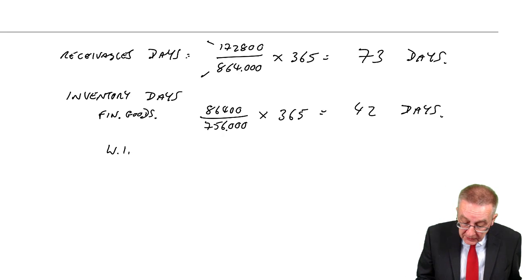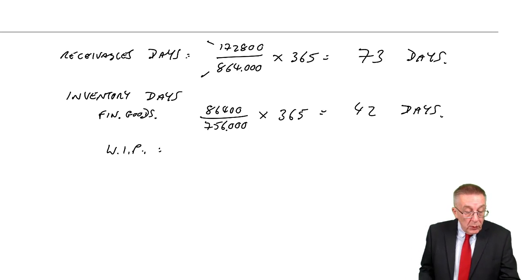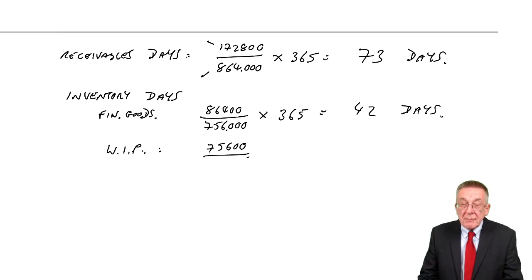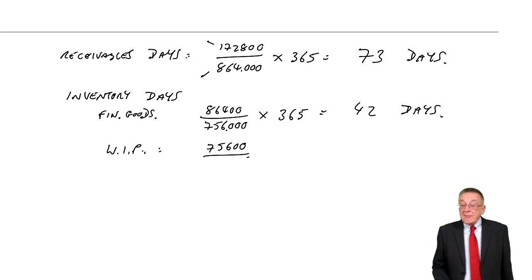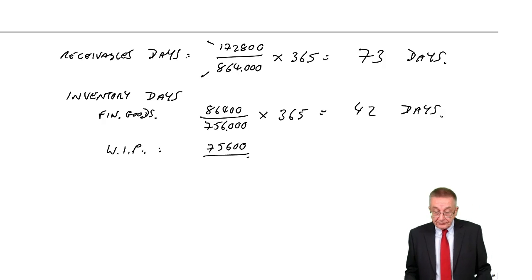What about work in progress? The work in progress, 75,600. Here, these are the part finished goods that we're producing.